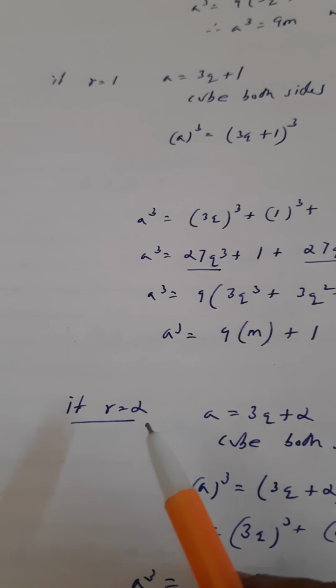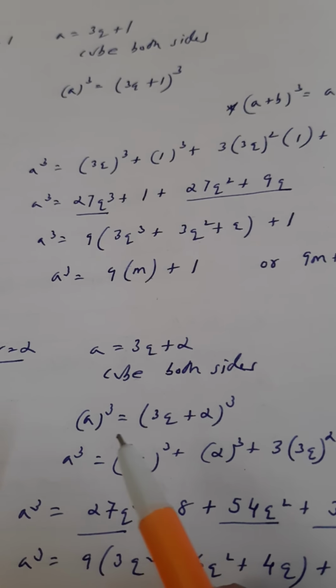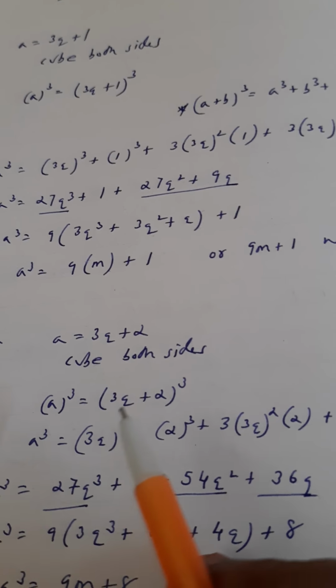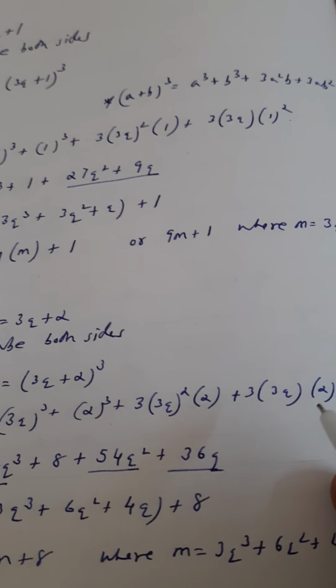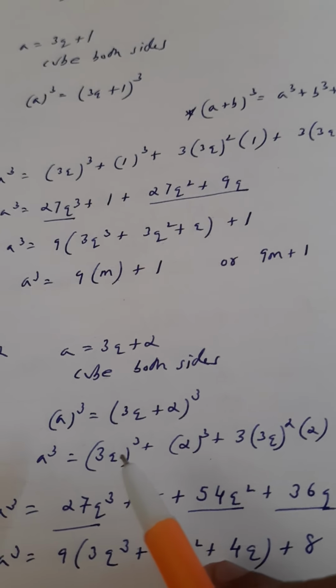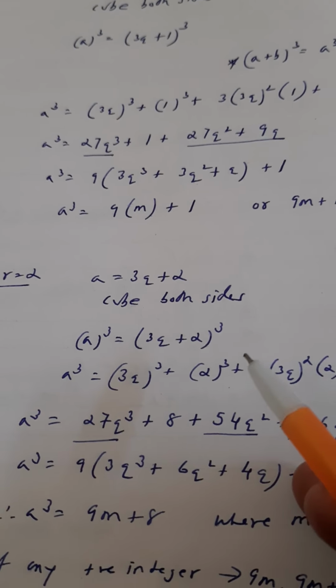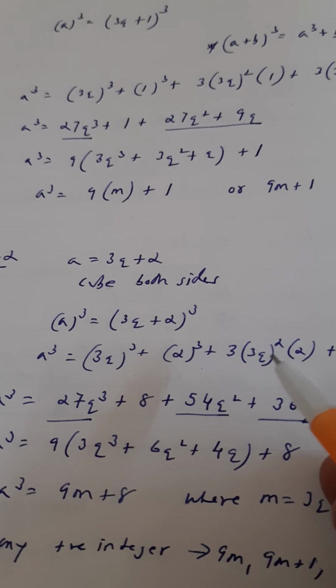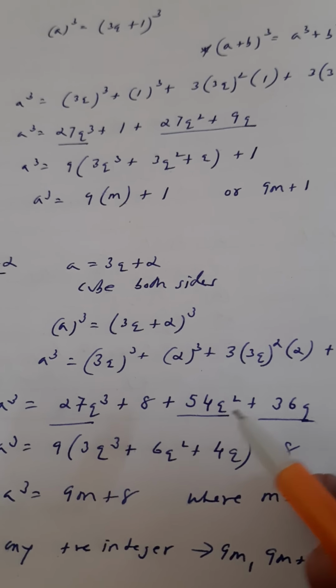Then the last case, where r is 2, a will become 3q plus 2. Again, cube both sides, applying the same identity: a plus b whole cube is a cube plus b cube plus 3a square b plus 3ab square. 3q whole cube will become 27q cube. 2 cube is 8. 3 square is 9, 9 into 3 is 27, 27 into 2 is 54q square.